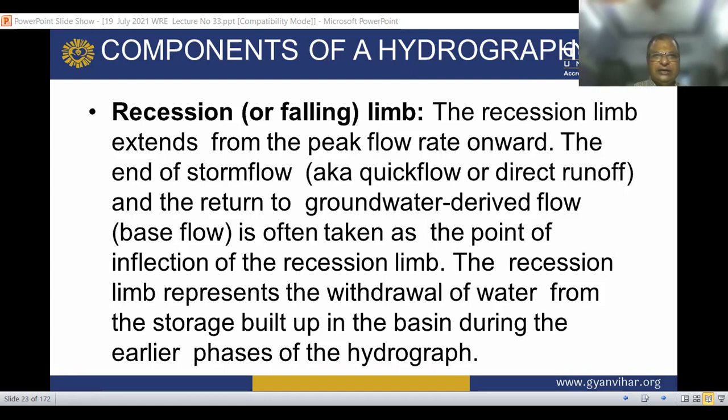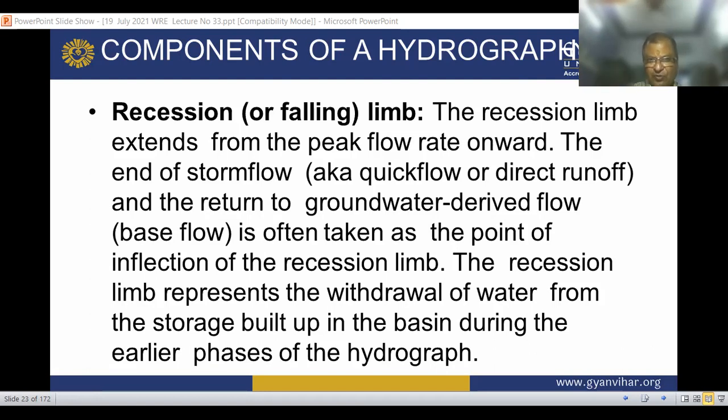Now the recession or falling limb. The recession limb extends from the peak flow rate onward. The end of storm flow, quick flow or direct runoff, and the return to groundwater-derived flow.